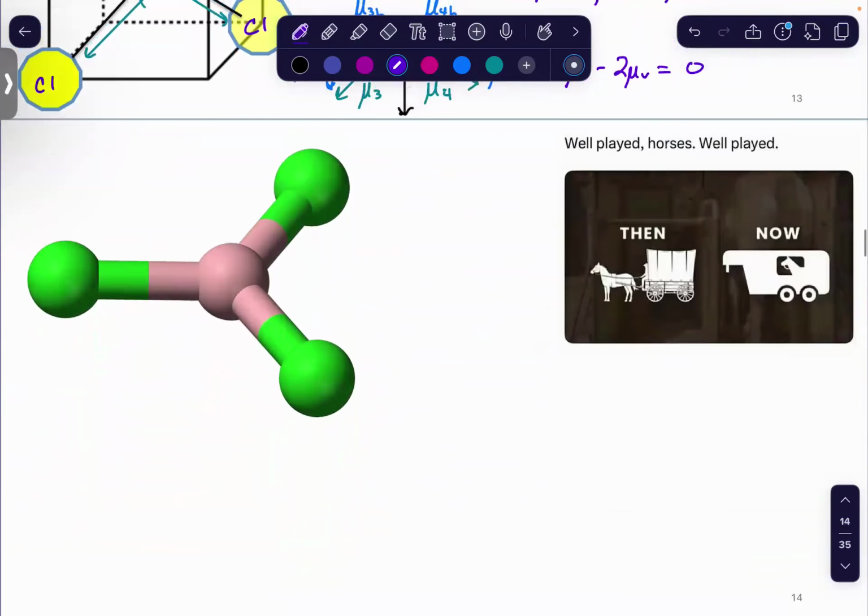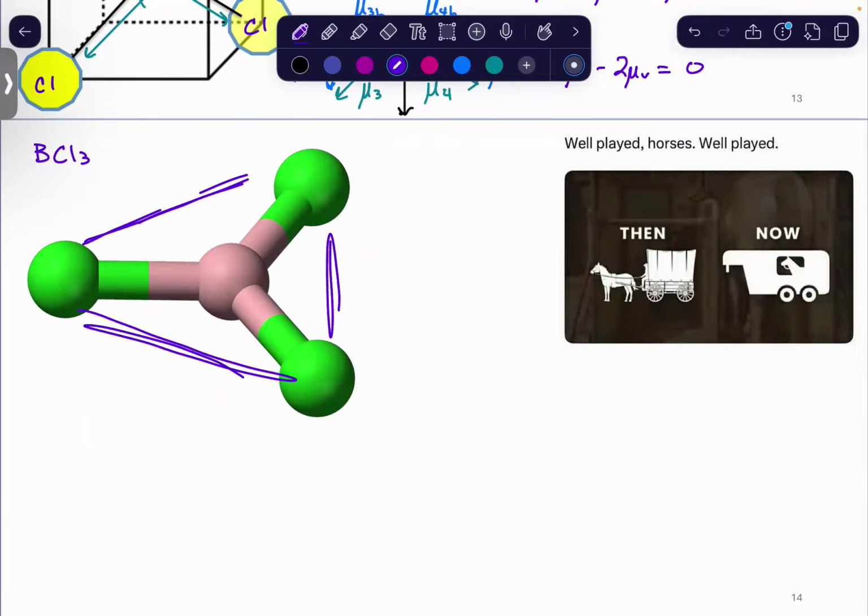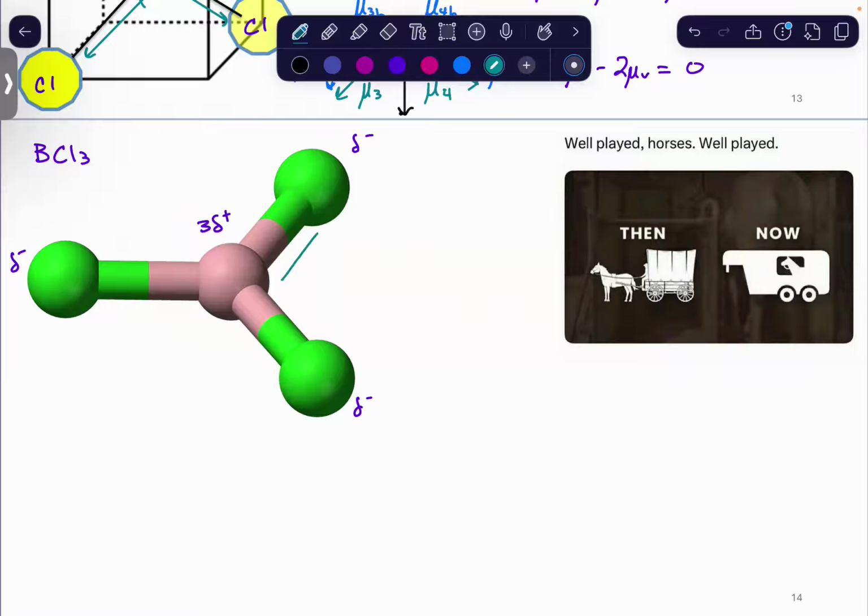The last one I kind of want to look at is boron trichloride. Again, this one is a planar molecule. It's a triangle, and it's like a two-dimensional figure. All of those are in the same plane. So when we think about the bond dipoles, because again, we're going to have delta negatives and 3 delta positive. So that means each bond dipole, this one's easier to envision.